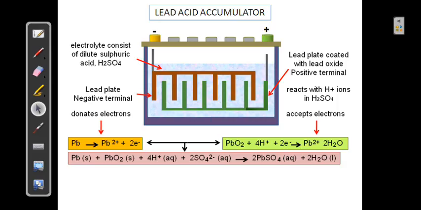Sometimes when you look all over this, you get confused yourself, so just be careful, just look thoroughly. So the overall equation is Pb lead solid plus PbO2 solid.